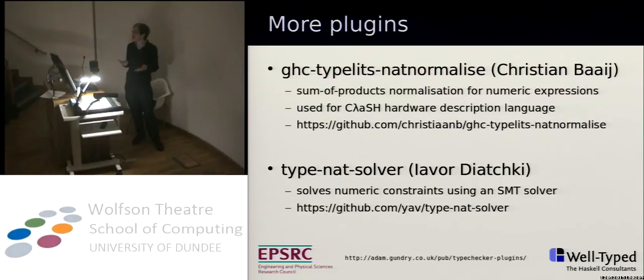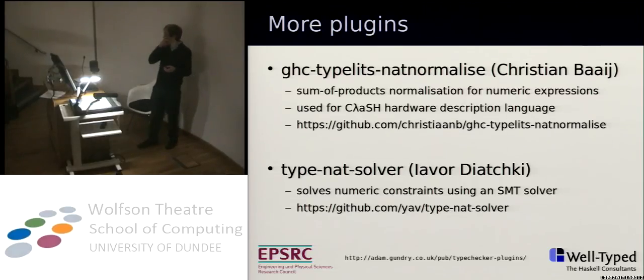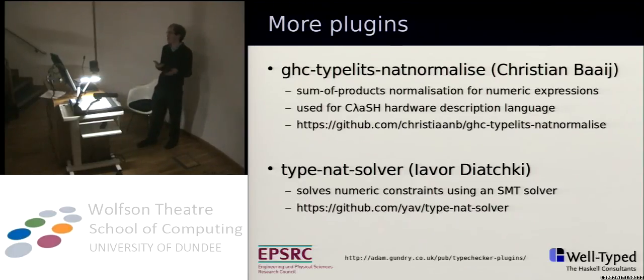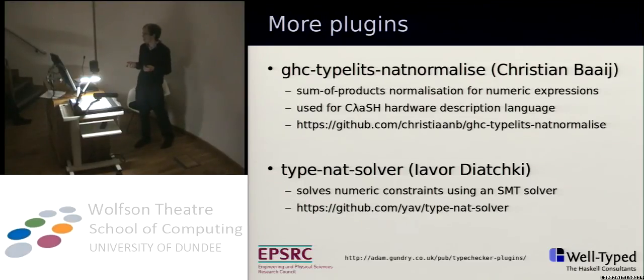So these are using the same interface for modifying the constraint solver, but this time rather than adding units of measure support, they're, for example, allowing GHC to reason about addition, subtraction, other arithmetic operations. That comes up, for example, if you're describing hardware where you want to keep track of the number of wires going into and out of components, and you want to be able to reason that n plus 0 equals n.